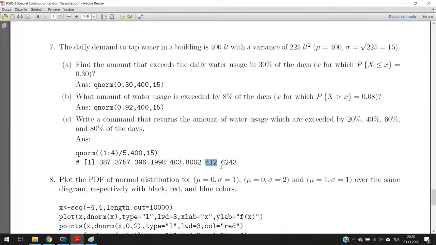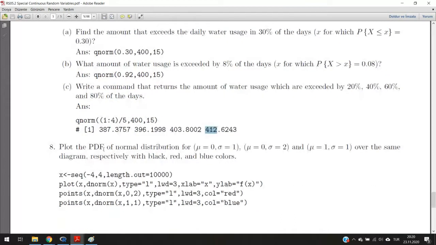Finally, in this last part, we are going to practice again the plot operation. It says we want to plot the probability density function of the normal distribution for the standard normal distribution, the standard parameter setting, for normal random variable with location parameter 0 and standard deviation 2, and with location parameter 1 and scale parameter 1.